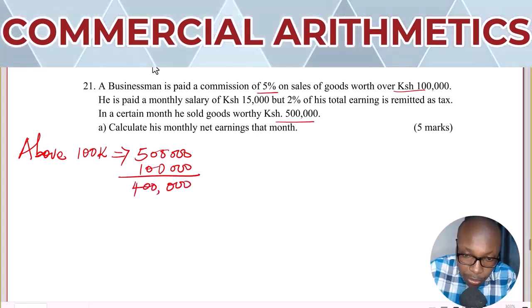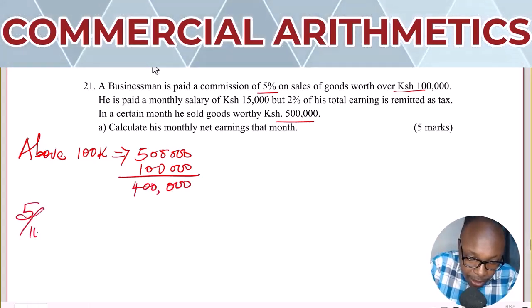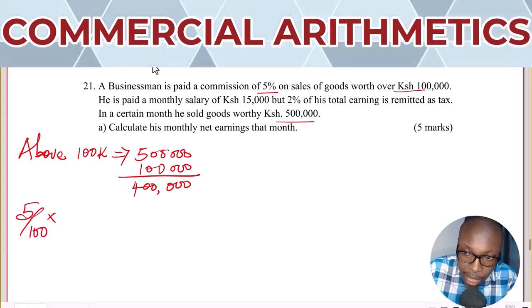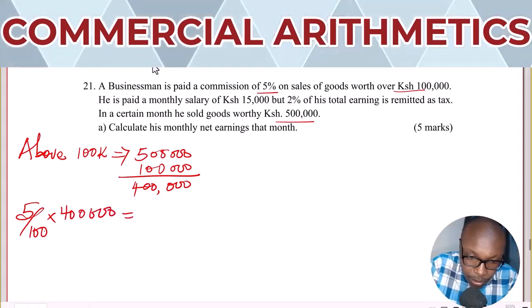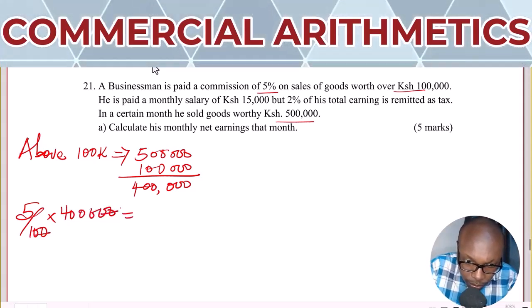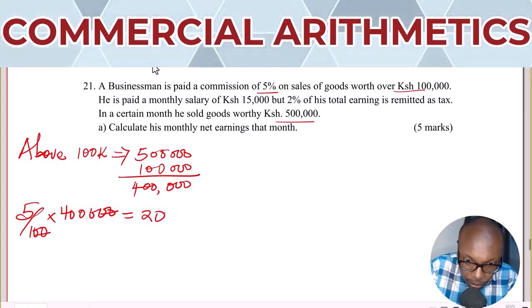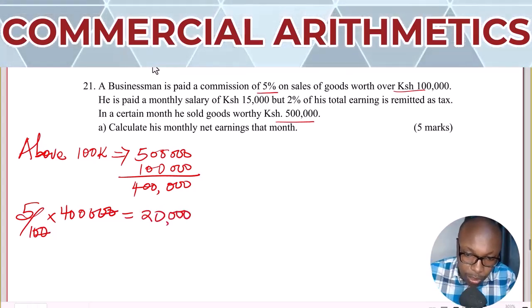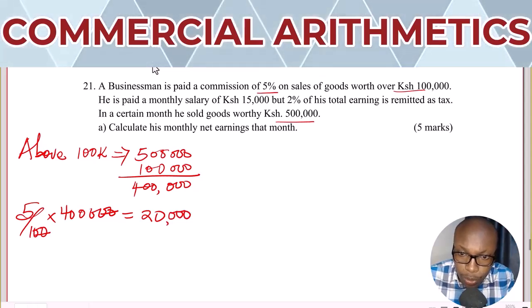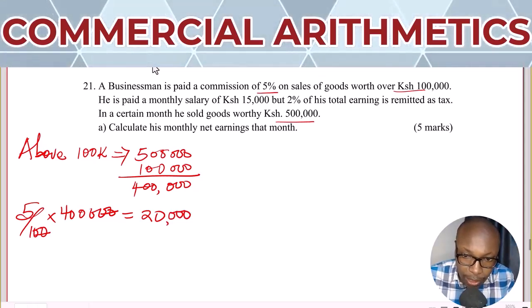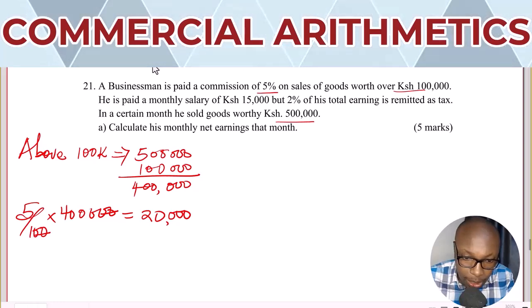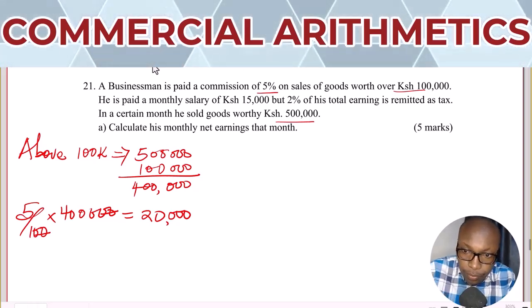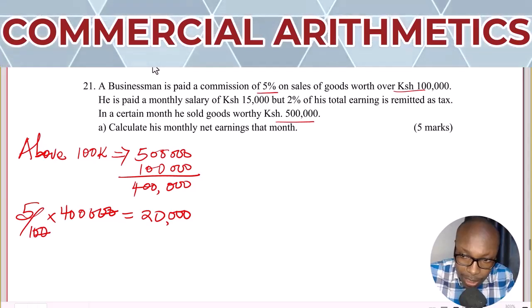So the commission now will be calculated. This is 5% of goods over 100,000, which is 400,000. This will give 20,000. So that will be the commission. Then on top of that, he gets a monthly salary of 15,000, and 2% of his total earnings are remitted as tax.